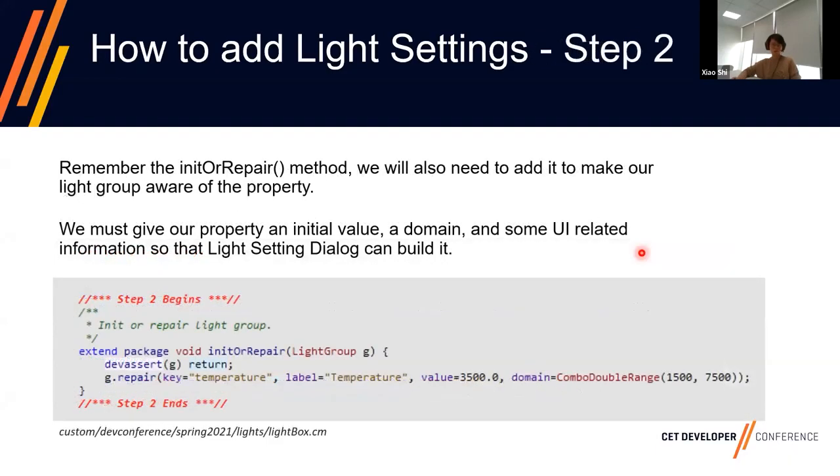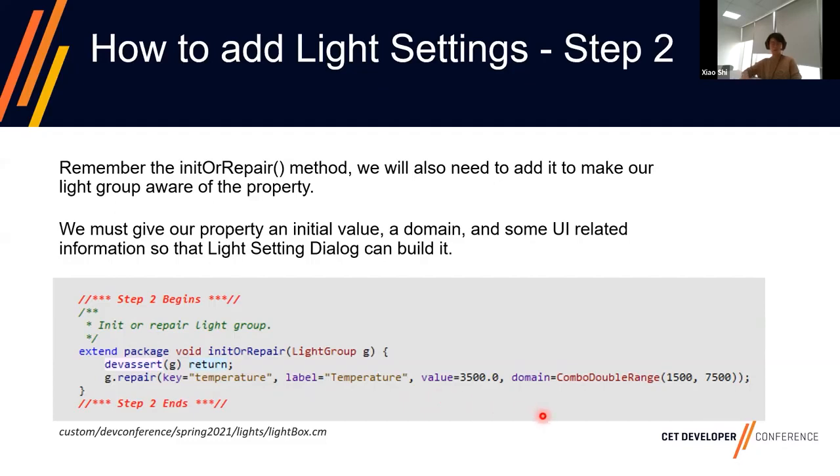And then, hopefully you still remember the init or repair method. That one is where you actually set the temperature inside your light group. Inside of it, it will call g.repair, where g is a light group, and it will pass in some key, label, value, which is the default value, and some domain.